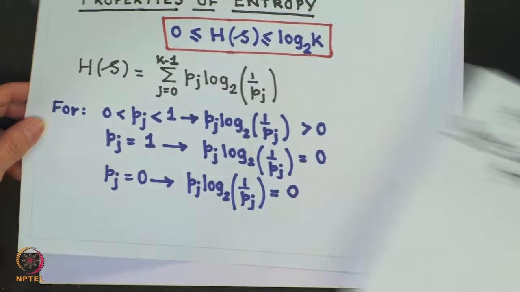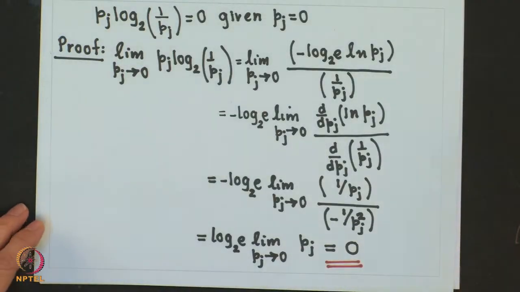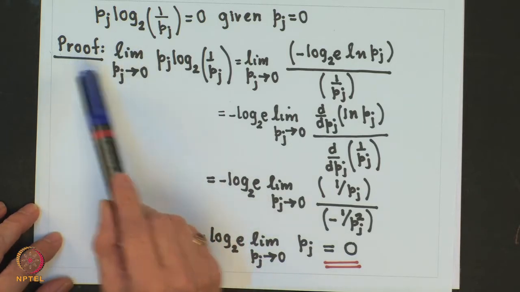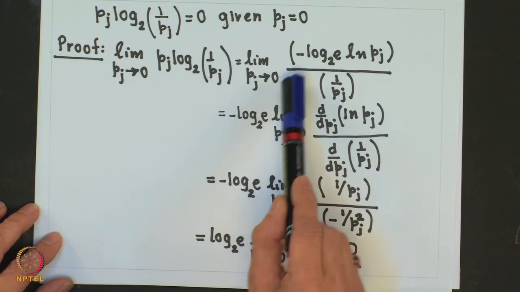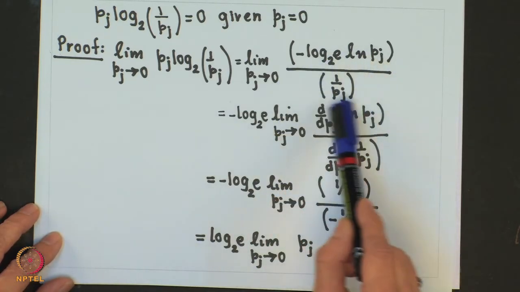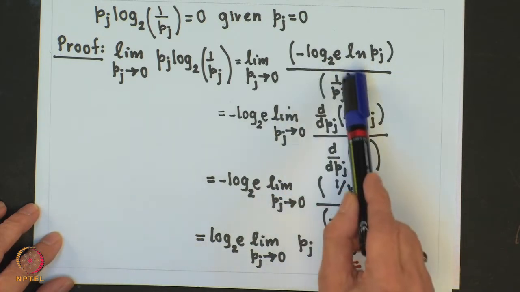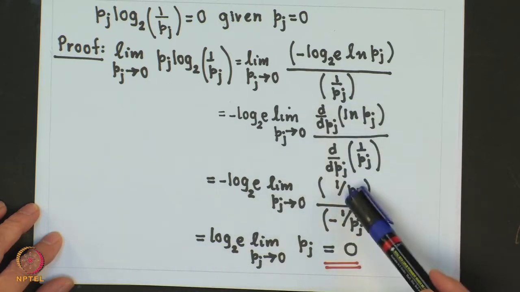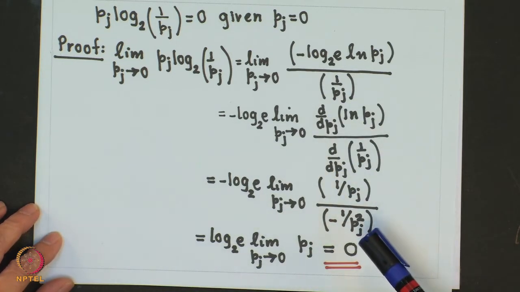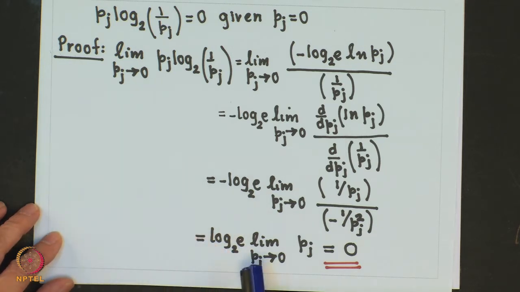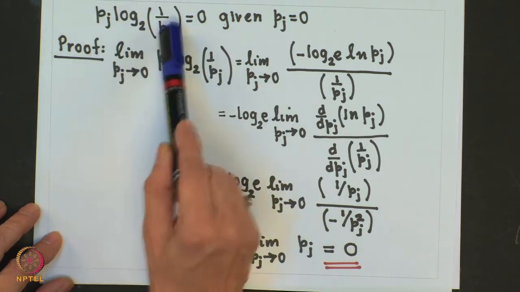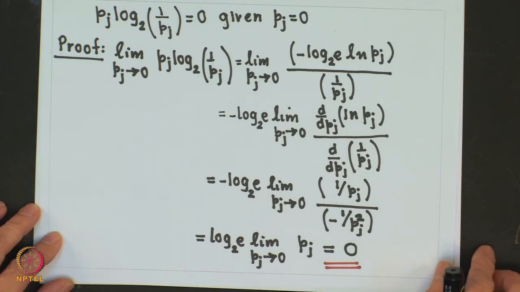So, I will flash the slide to show how to do it. You take the limit of pj tending to 0 of this quantity, and you continue. It is very clear from this slide how to proceed, and you can show that when pj tends to 0, this quantity is equal to 0.